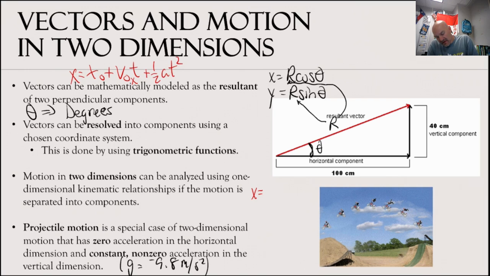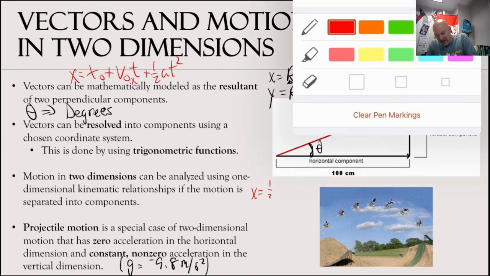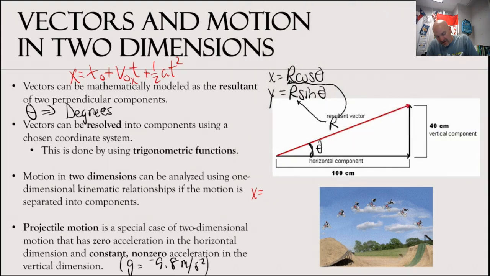The only thing that shows up is v0x t, because the acceleration piece drops out and your x position starts at 0. If you write the other equation, v equals v0 plus at, in the x direction, you simply get vx equals v0x. So this is our horizontal direction.